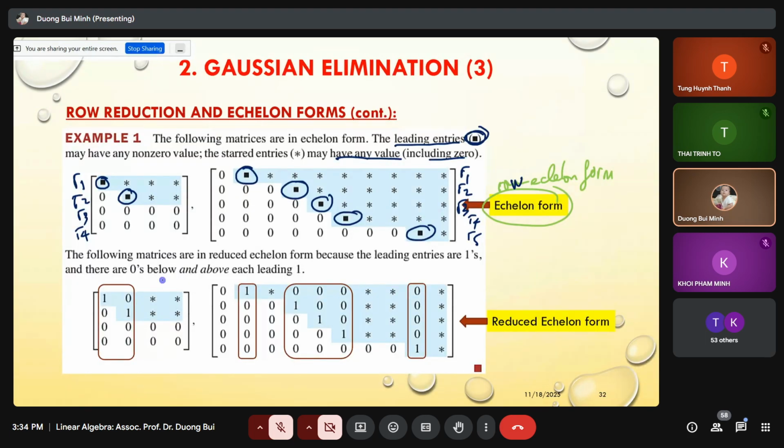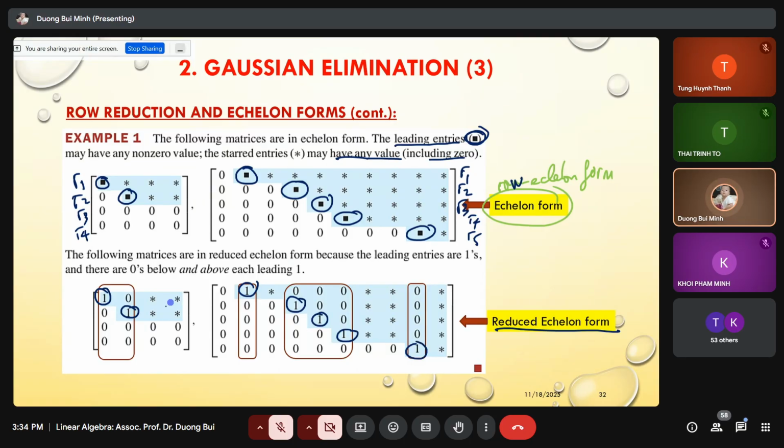Now, look at this one, reduced echelon form. This is the leading entry, and the leading entry must be 1. Here, no leading entry. So we need to modify the leading entries from non-ones to become 1.